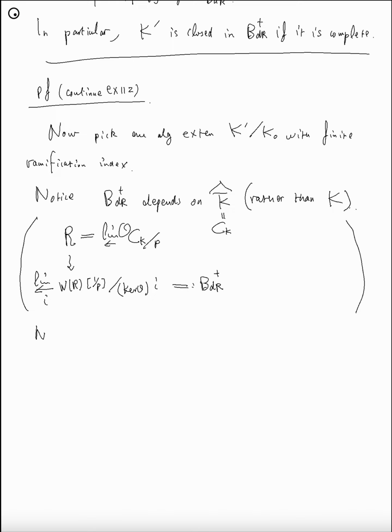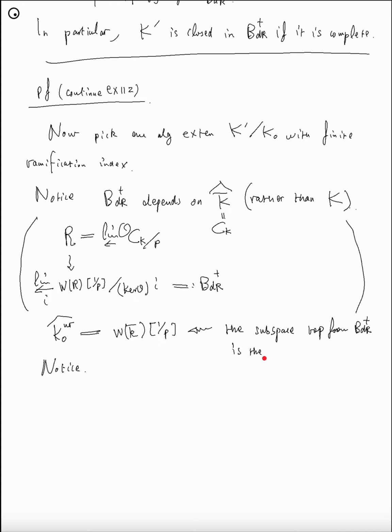So let's see. In particular, if we consider the maximal ramified one, this is W(K bar) over P. Just notice the fact that the subspace topology from B_dR^+ is the valuation topology, the p-adic topology.